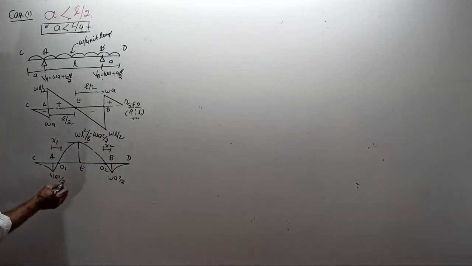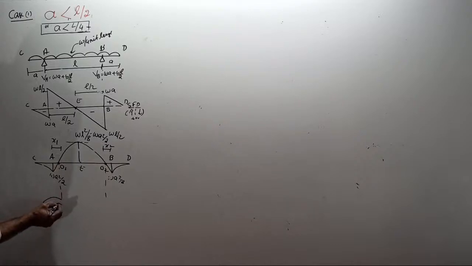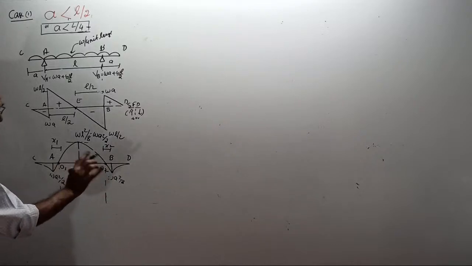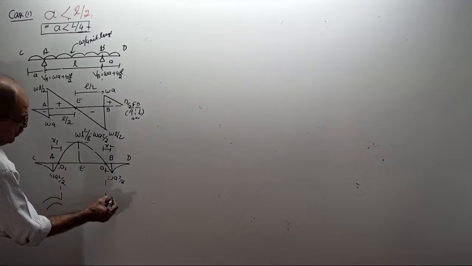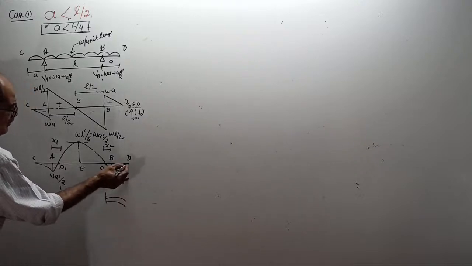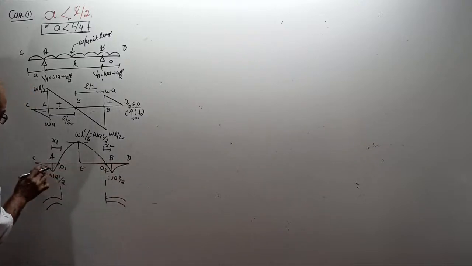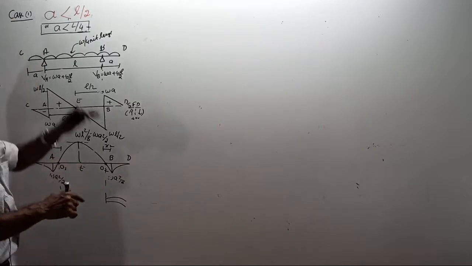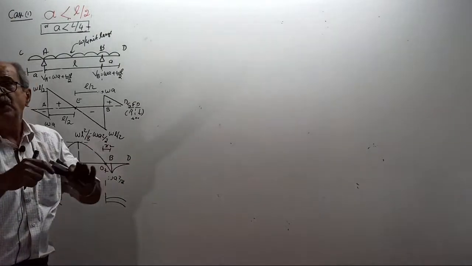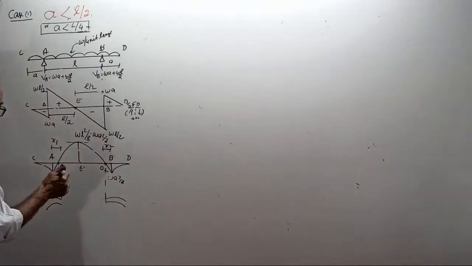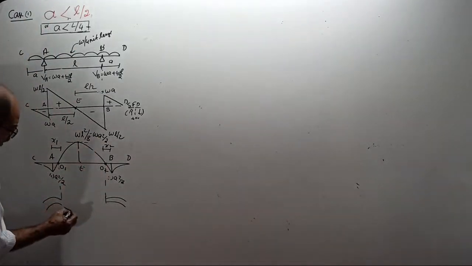Or, if I project down here, this portion will hog, and the hogging will continue for a little more length, crossing over the support up to X1. Between O1 and O2 it will sag.